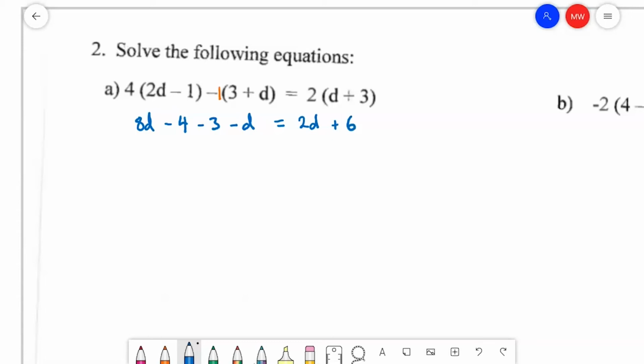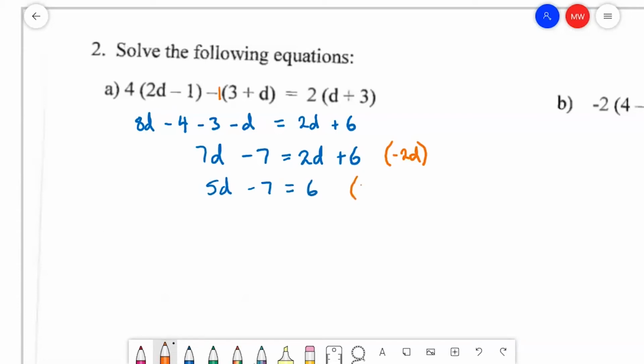We've got 8d's, take away 1d makes 7d's, and I've got a minus 4, minus 3 makes minus 7. And I've still got my 2d and 6 over here. Now let's get rid of those 2d's, so we'll take them away from both sides. All I'll have left is 5d's minus 7 equals 6.